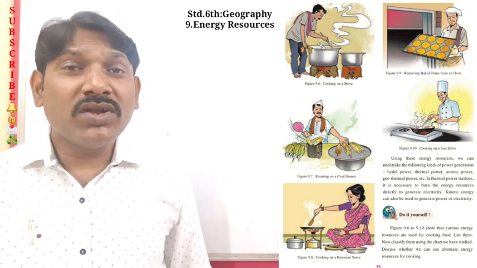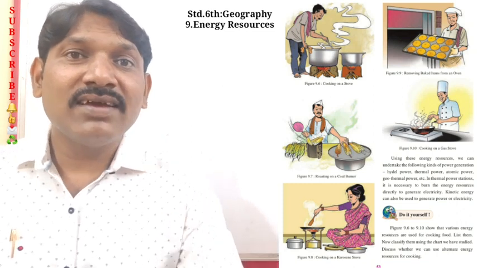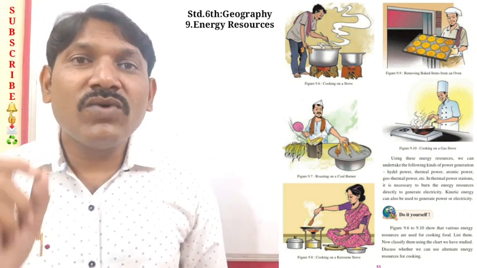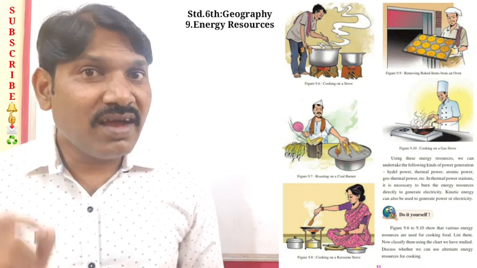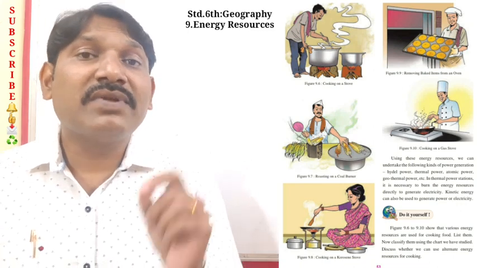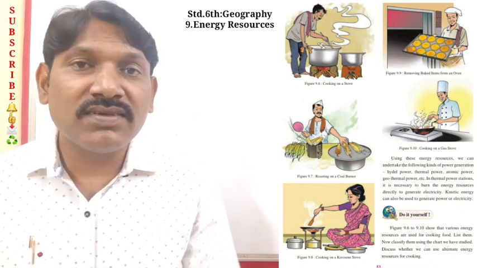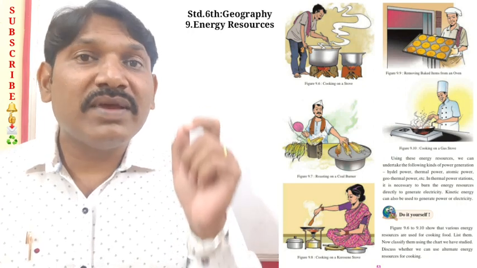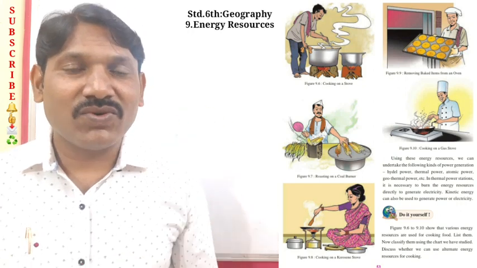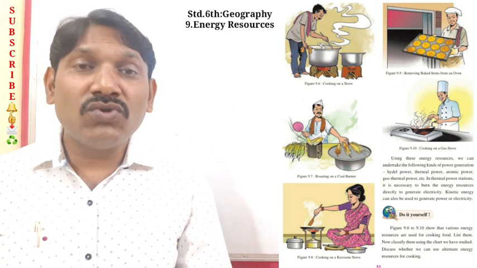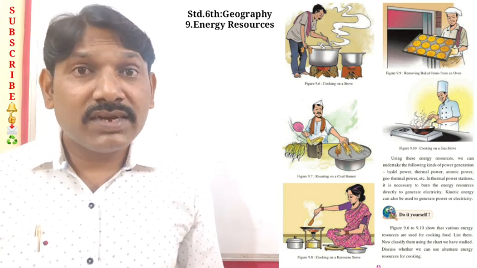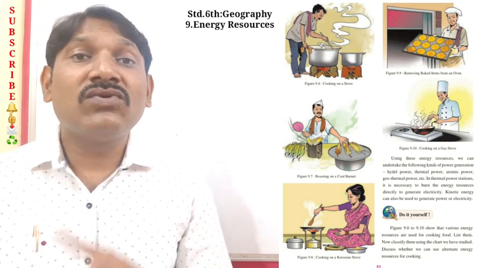Okay, student, what do you see in these figures? Just now we have studied the chart of substance based energy resources and process based energy resources. Now here we need to observe these pictures and analyze all these pictures according to the chart.